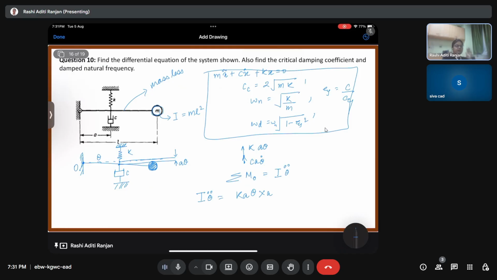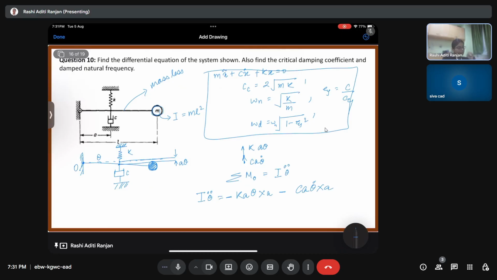Okay, so we can consider it in either of the two ways. So it is going to be minus, right? Here again we are going to have a minus for c a theta dot into a. Okay, I hope it is clear.